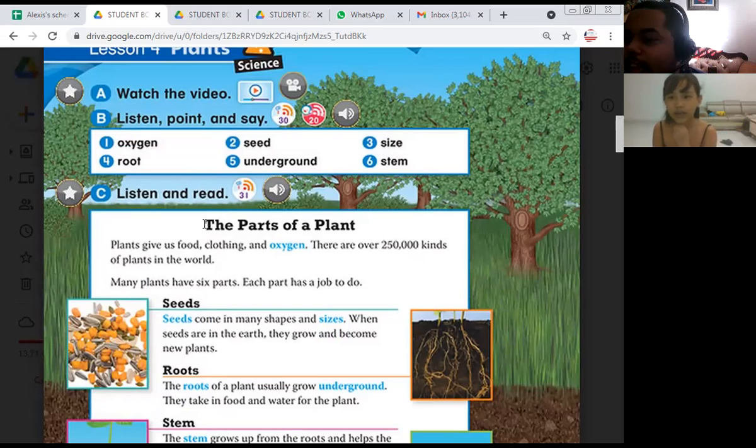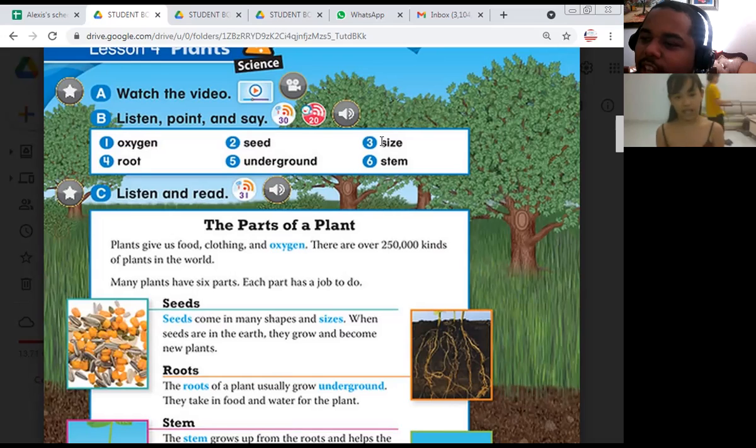That's right. And the seed, what did you say about that before? We said before that they come in many shapes. And finally, size. The size is the height of anything.